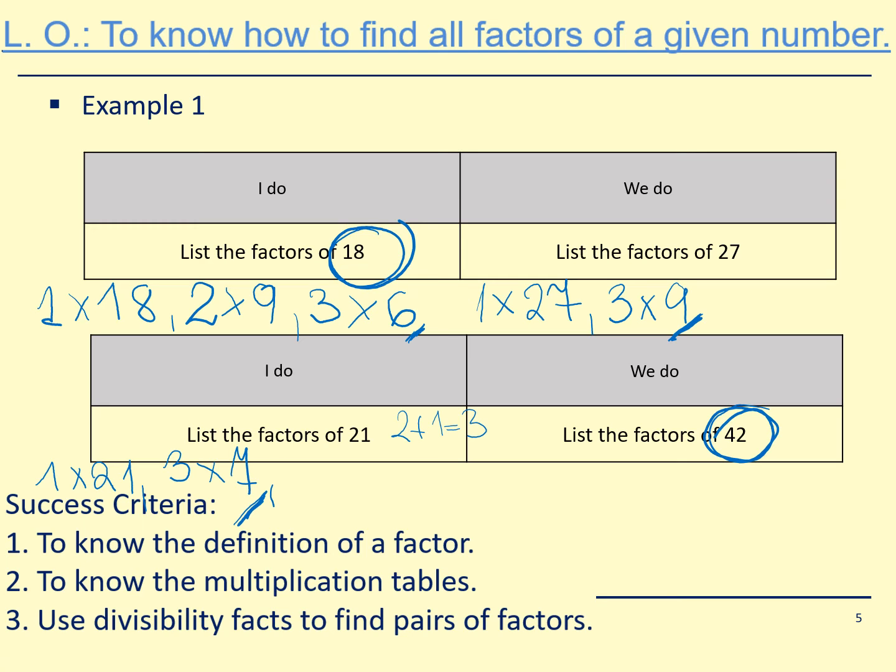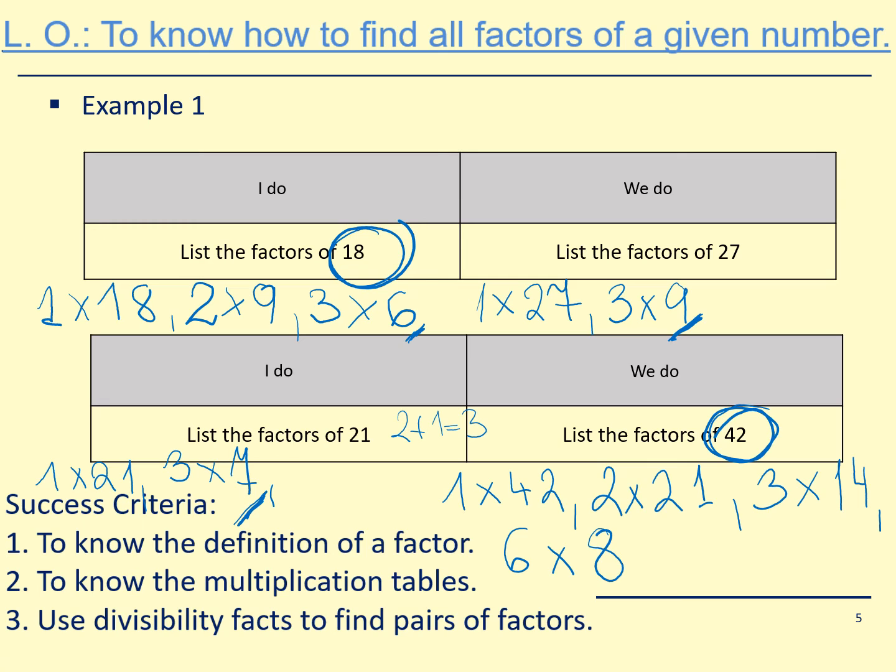Okay, so what you should have written is 1 times 42, 2 times 21, 3 times 14, and no, not 5, oh, 6. 6 times 8?